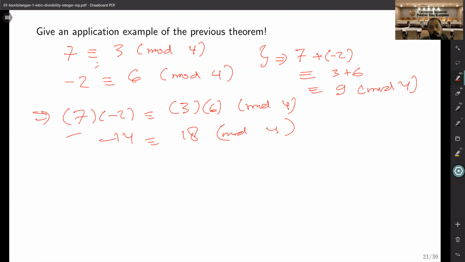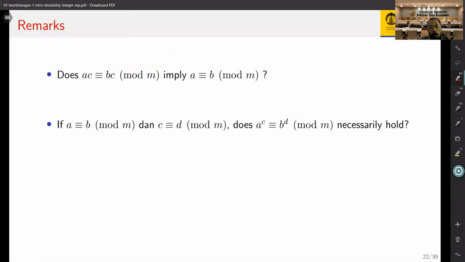Now, how about the other way around? We know that A is congruent to B modulo M, and C is congruent to D modulo M. Then A times C is congruent to B times D modulo M. Let me put a statement first, right?